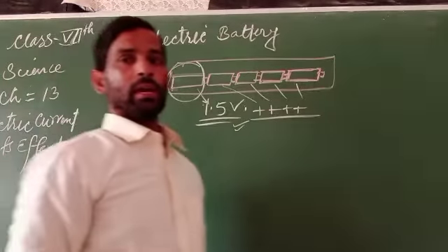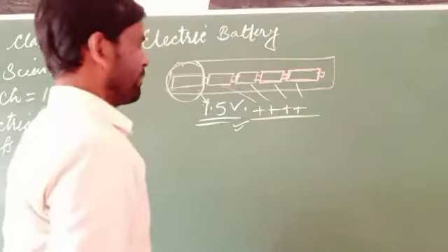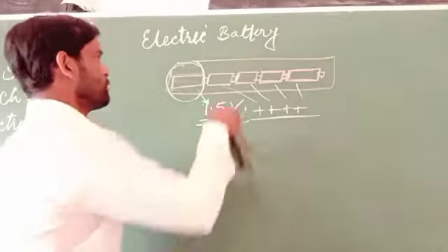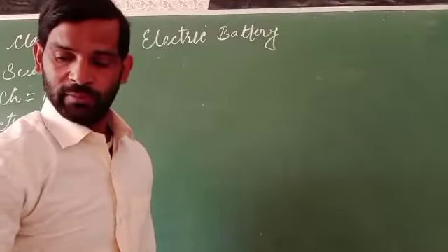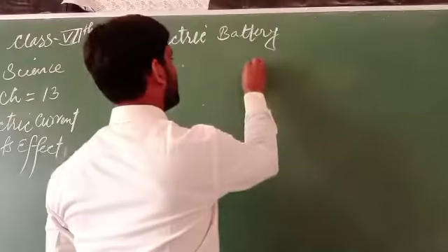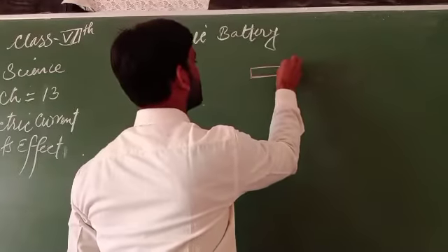Here we can say a battery can be arranged in two ways. The first way is joining the cells in a series.